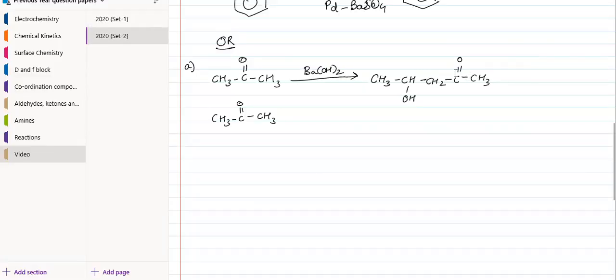So when you have an aldol condensation reaction, a new bond is formed between this carbon atom and this carbon atom.